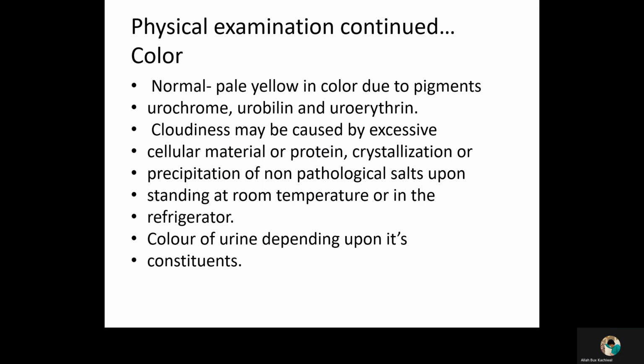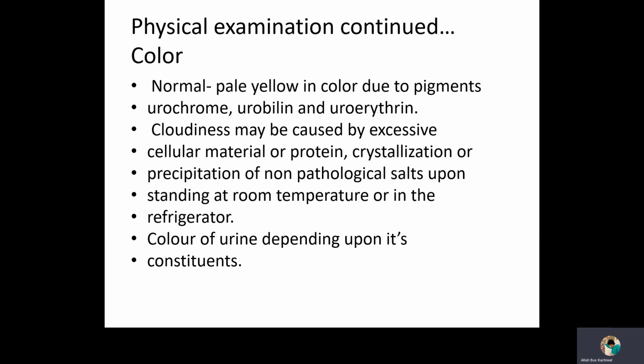Physical examination of color: normal is pale yellow, due to the pigments urochrome, urobilin, and uroerythrin. Cloudiness may be caused by excessive cellular material, protein crystallization, or precipitation of non-pathological salts upon standing at room temperature or in the refrigerator.